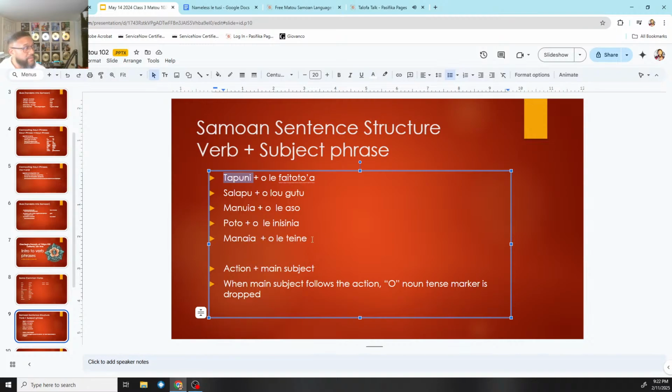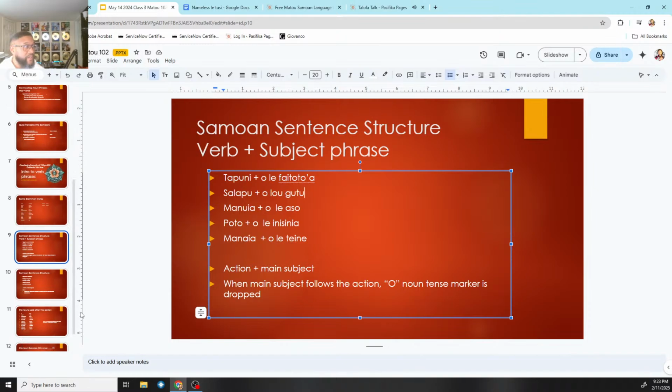So the pattern here is that we have a verb or an action word, and then we have a subject phrase. Now, in Samoan, when the action comes first and the subject comes after, we don't have to say the o. So we wouldn't say tapuni o le faitotoa, salapu o le gutu, manuia o le aso.